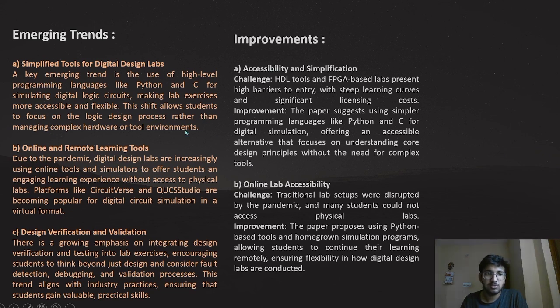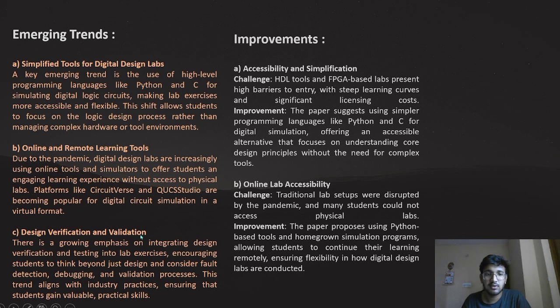This shifts the student's focus to the logical design process rather than managing complex hardware or tool environments. Next, online and remote learning tools such as CircuitVerse and Quartus Studio are becoming very popular, which use simulation to give students a proper understanding.